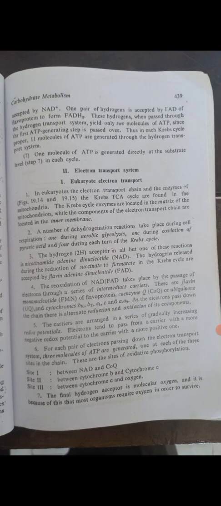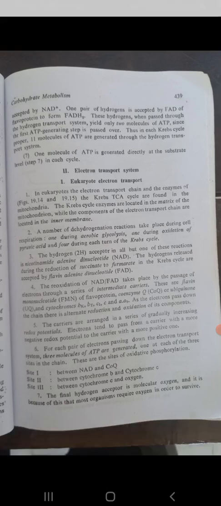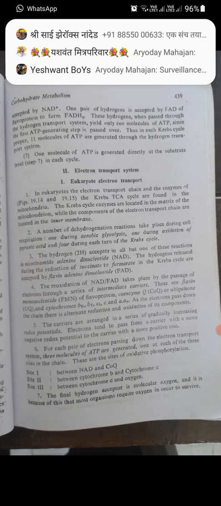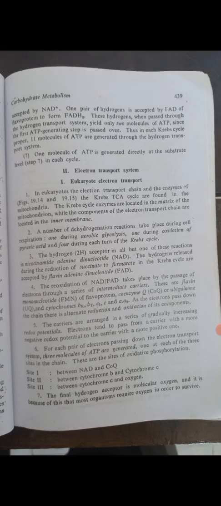A number of dehydrogenation reactions take place during cell respiration: one during glycolysis or the EMP pathway, one during the oxidation of pyruvic acid to acetyl coenzyme A formation, and four during the Krebs cycle turns.